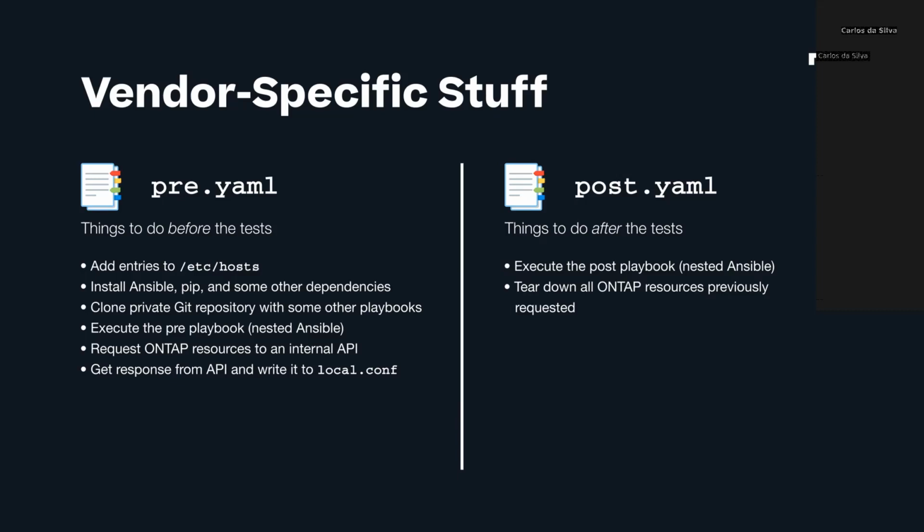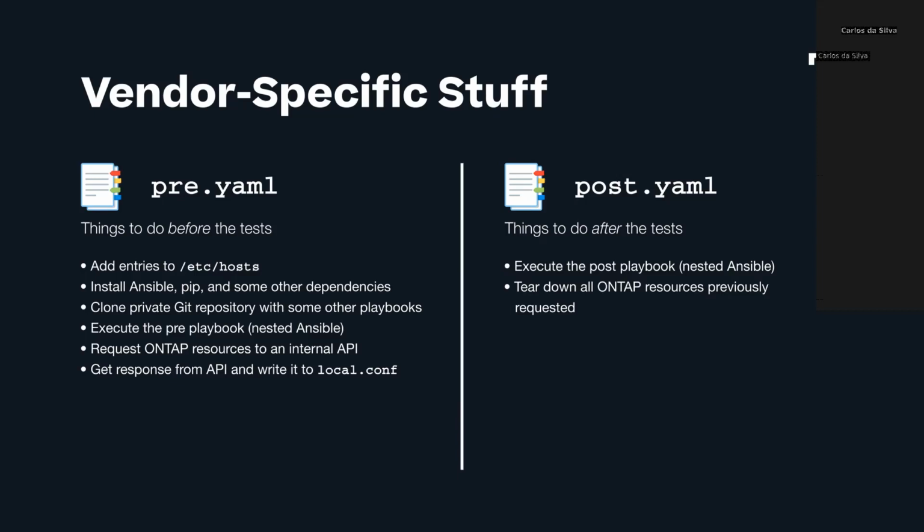So before running DevStack and running the tests, we want to do some basic configuration in the node, like installing some dependencies and adding entries to the hosts file. Then we clone an internal Git repository which contains some of our own playbooks, and we run nested Ansible. It's a concept that I'm going to explain in the next slide.